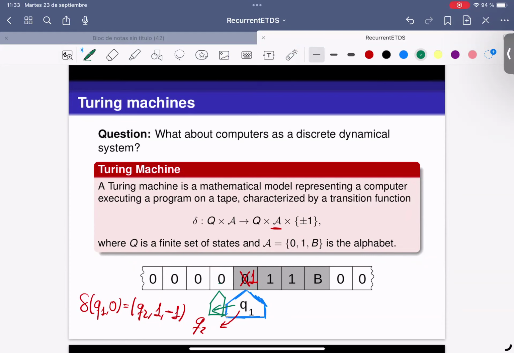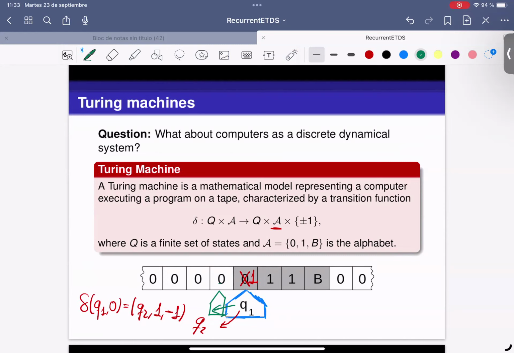So that's the way a Turing machine operates, and it's literally what a computer is doing. At any step, the computer is reading the memory, making a decision in terms of the internal state of the CPU and the piece of memory that you are reading, and then you change the memory by another piece of memory, and then you move. So it's an abstraction of a computer.